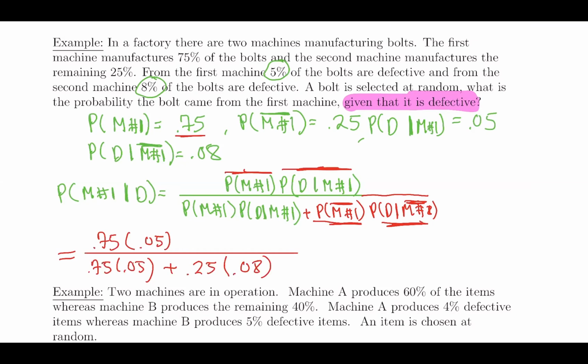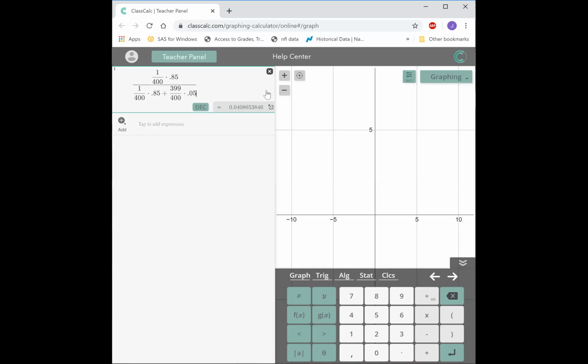So now we're going to use Class Calc in order to calculate this. On Class Calc, let's do the fraction first, and then do 0.75 multiplied by 0.05.